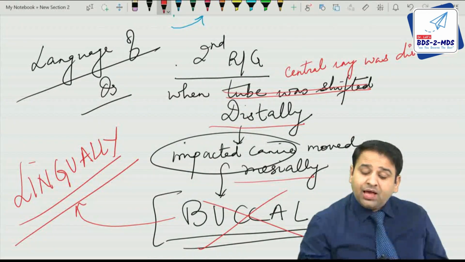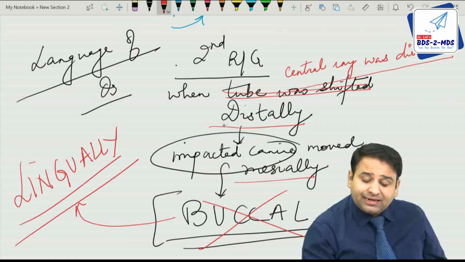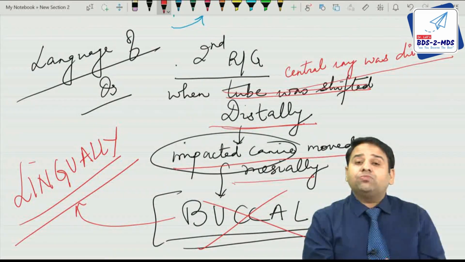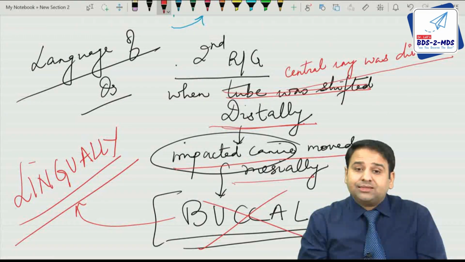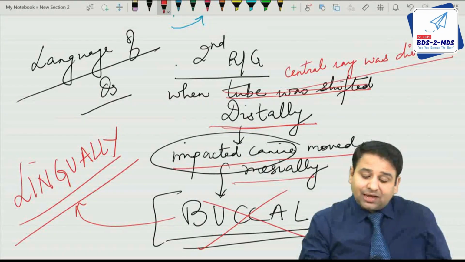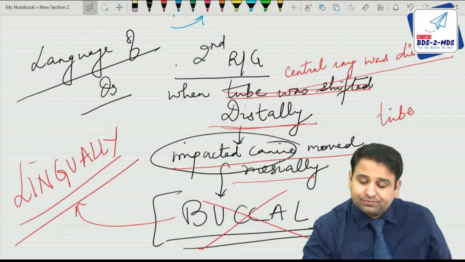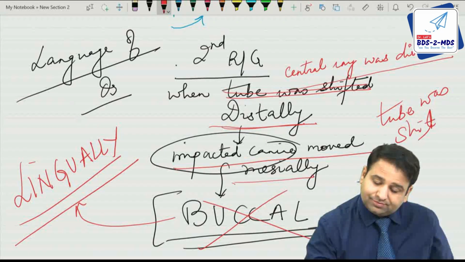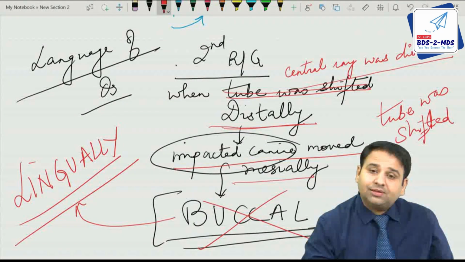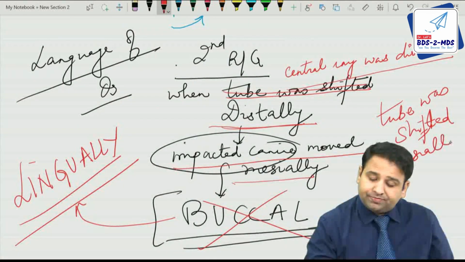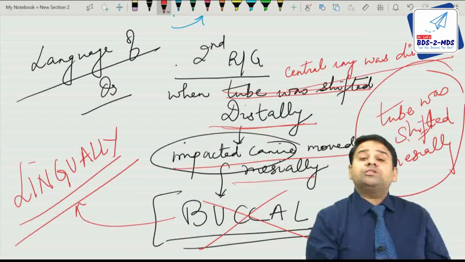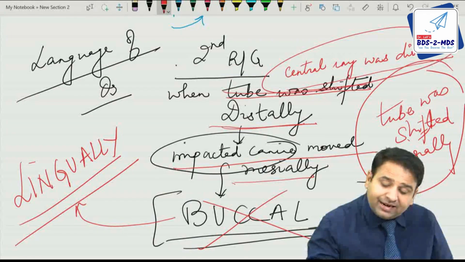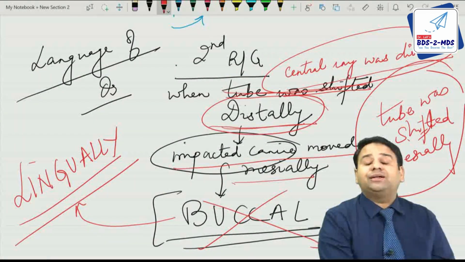When the central ray was directed distally and the impacted canine in the question moved mesially, that means the tube was shifted mesially only. Because when you shift the tube mesially, only then will the central ray be directed distally.